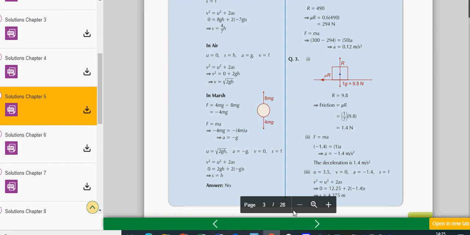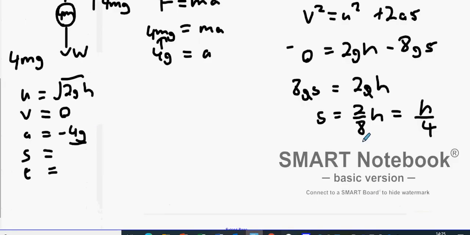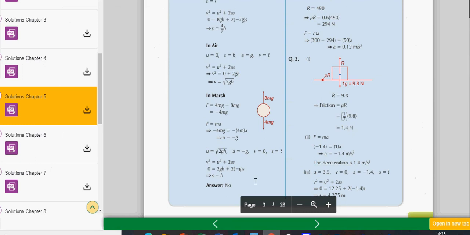Alright, give me a look at it. Okay. I had the deceleration as, no, my deceleration is minus 4g. Well, their deceleration is minus g. Oh, I see what I did wrong.